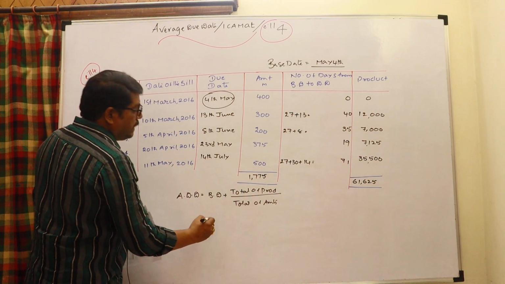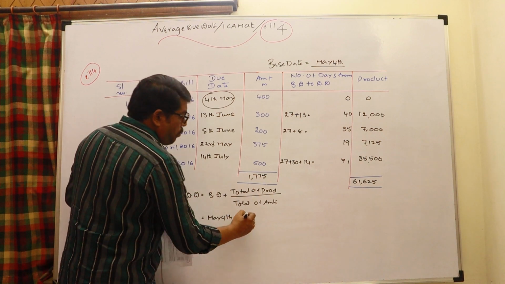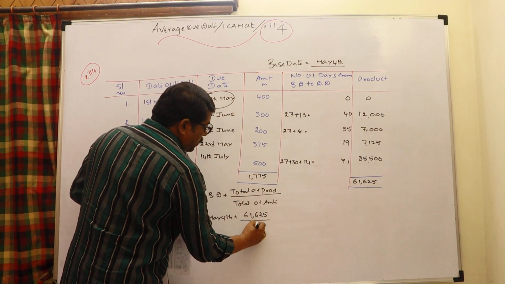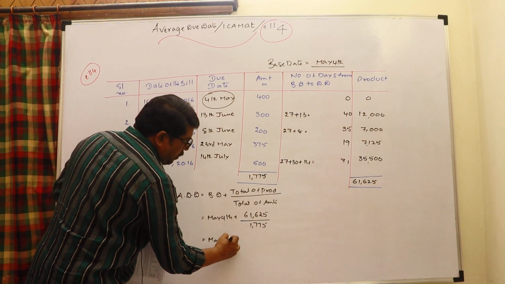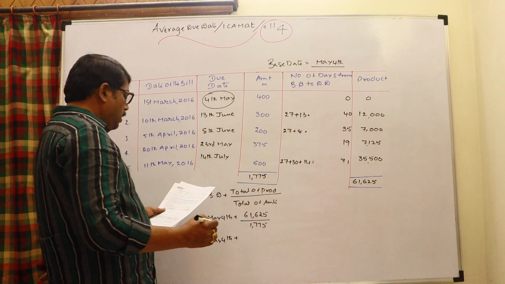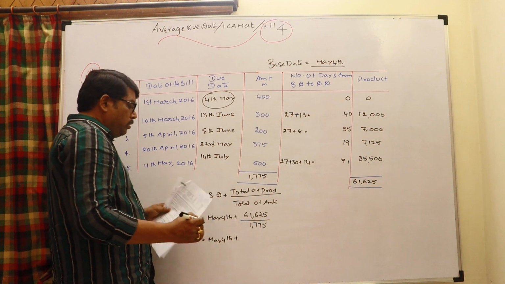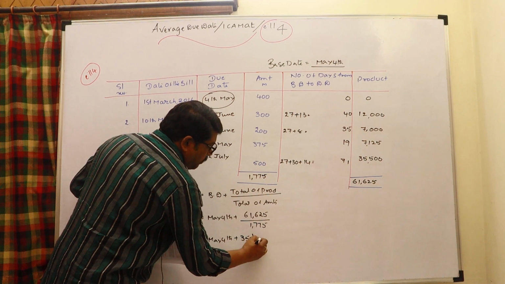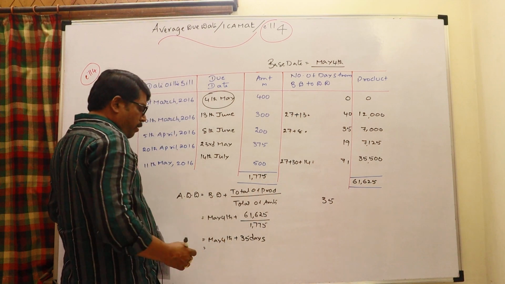The base date is May 4th, plus 61,625 divided by 1,775, and the resulting figure is 34.71. You can say 35 days. So 35 days are to be added to May 4th to know the average due date.